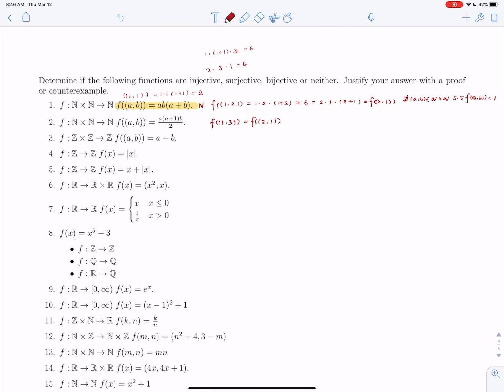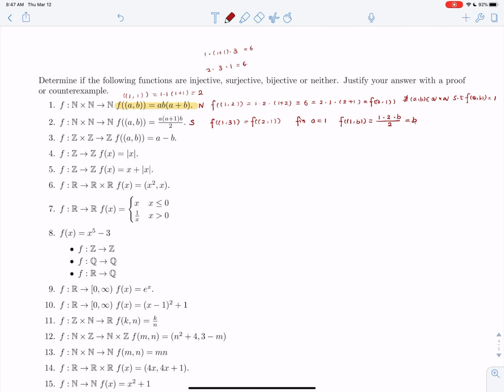So this is not injective, but how about surjective? I got so many questions asking me, how do I show this function is surjective? Well, one thing you can do is fix a to be 1. If we fix a to be 1, then you will have f of (1, b) equals 1 times 2 times b over 2, which will give you back b.